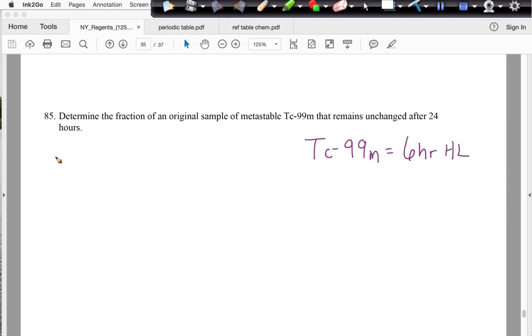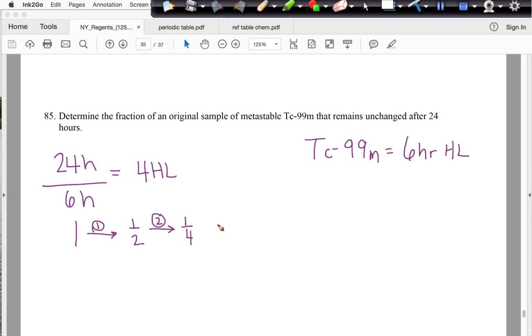So we're going to always take the total time divided by the time for one half-life to find out how many half-life periods go by. And remember that the number of half-life periods is the number of times that it divides in half.